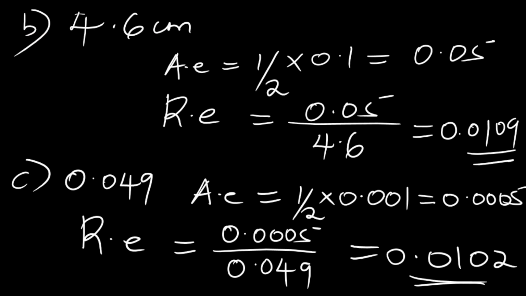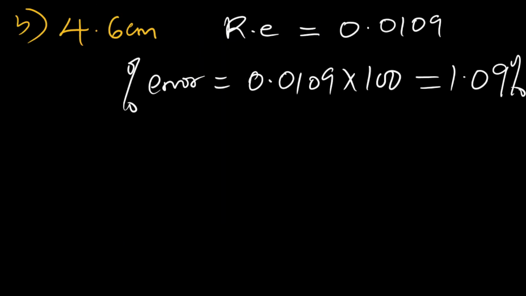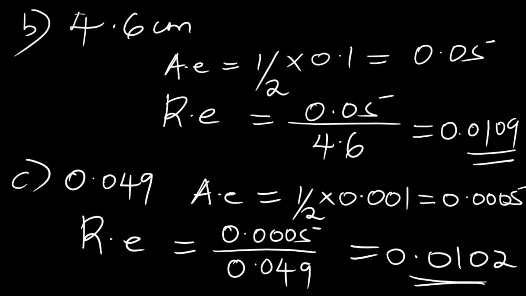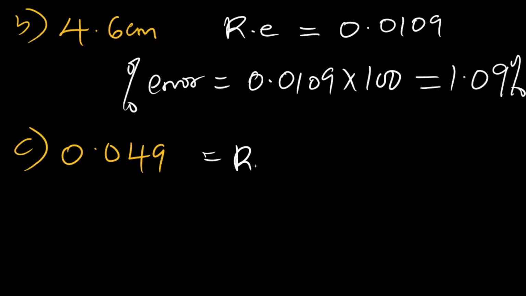The other one is to calculate the percentage error in 0.049. We first calculate the relative error in 0.049, which we did, and we got the relative error to be 0.0102.